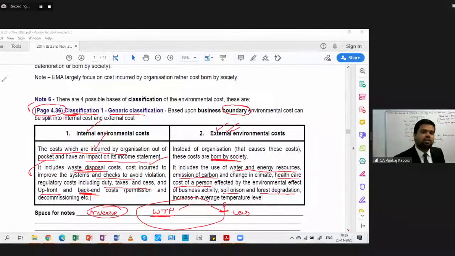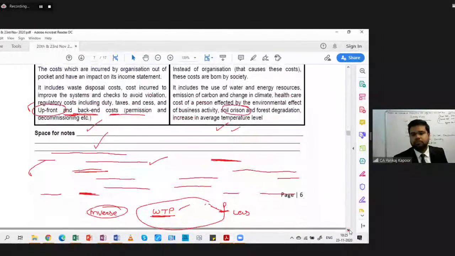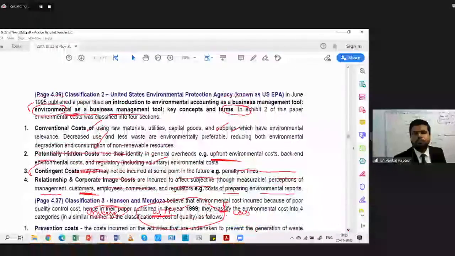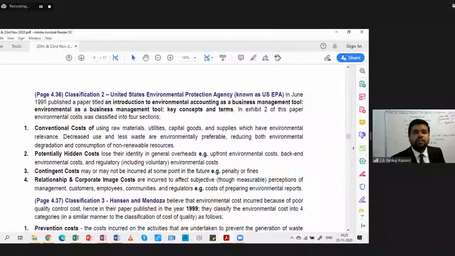The next classification. Friends, the next classification is based upon the United States body, which is known as the Environment Protection Agency of the United States, the US EPA.